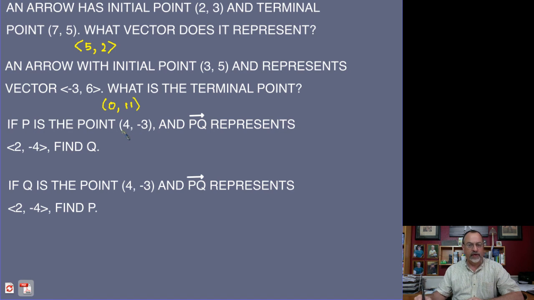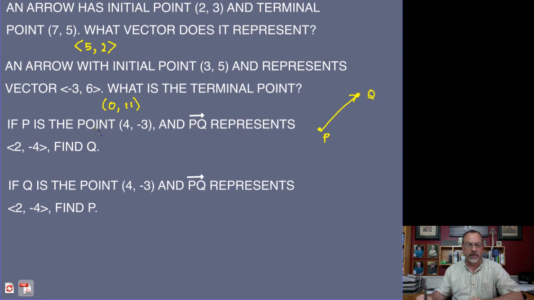If P is the point 4, negative 3, and PQ represents the vector 2, negative 4, what's Q? So PQ is the ray, and from geometry, P is my initial point and Q is my terminal point, because in geometry, when we name a ray, the initial point is always first.